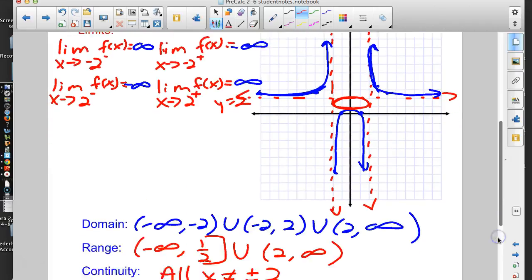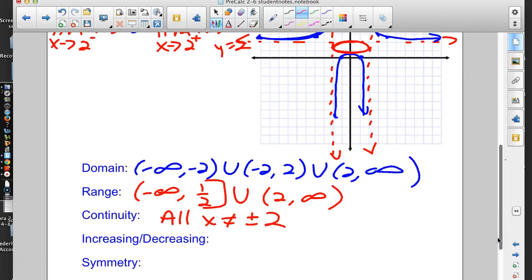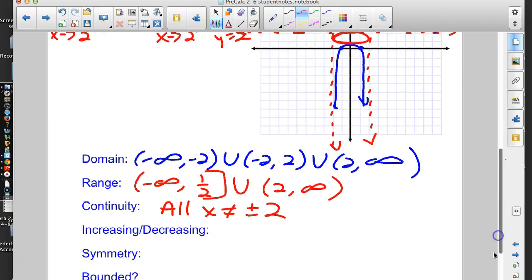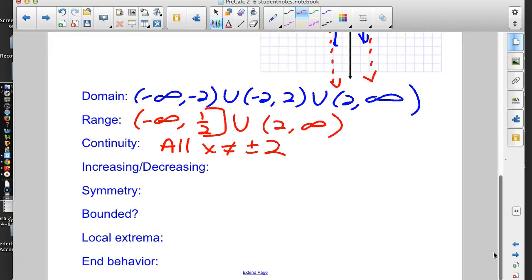So we're going to have to chop this up into intervals. We'll have some increasing and we'll have some decreasing. So, INC here. Increasing, first branch, right? -infinity up to what? -2. And remember, these are always parentheses because you can't be increasing and decreasing at once. Where's the other spot where this is going to be increasing?